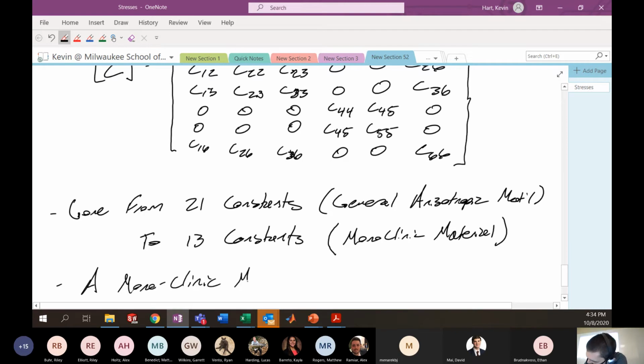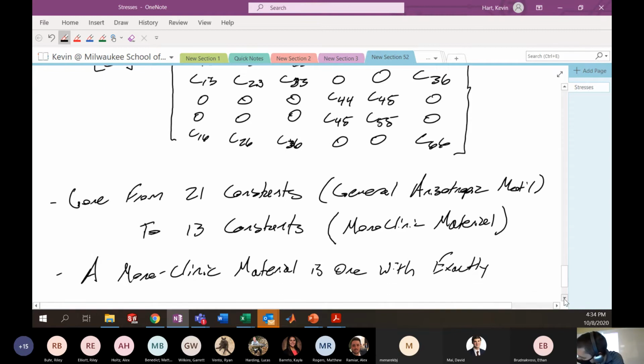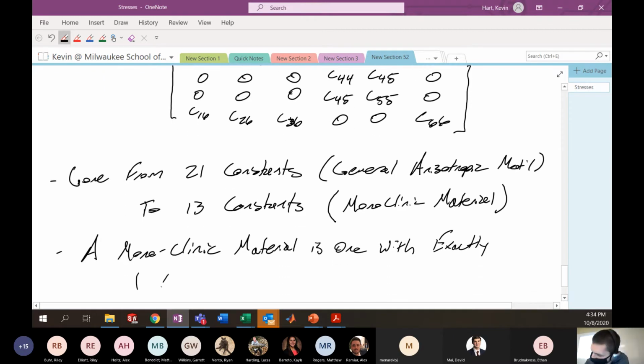Monoclinic material is exactly one plane of symmetry.